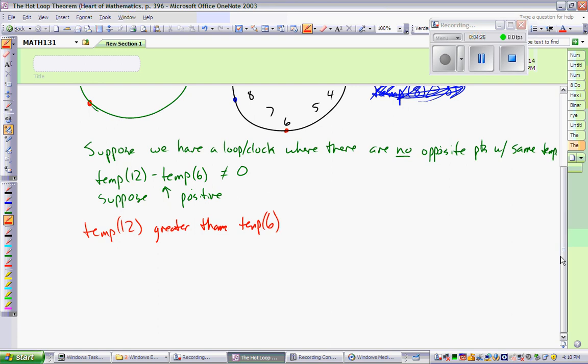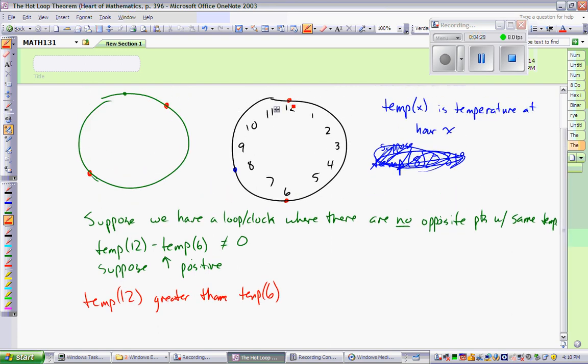It should make sense that all these points near 12, like here and here, are going to be greater than all of these points. So points near 12 are going to have a higher temperature than points near 6. Let's take this to the next step. Let's compare temp 11 and temp 5. To compare them, we're going to subtract them.